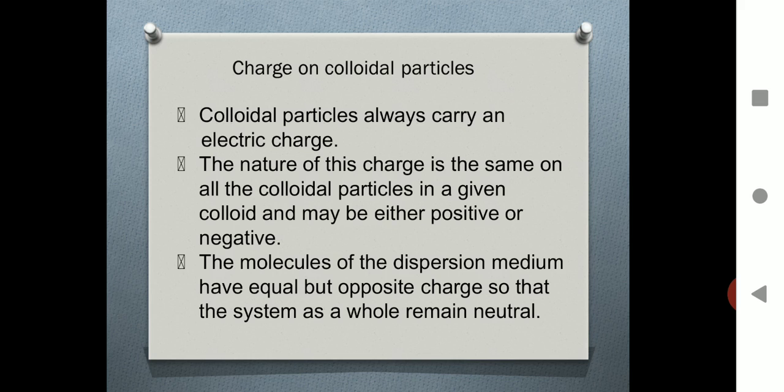Charge on colloidal particles is another significant property which is shown by all colloids.